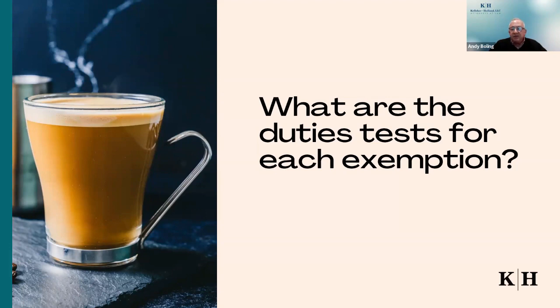Now, in addition to satisfying the minimum salary test, if you want to be exempt as an executive, the executive's primary duty must consist of the management of the business or a department or subdivision of the business. Department of Labor uses the term enterprise for business, but it really means business. And in addition, you customarily and regularly direct the work of 2 or more employees.